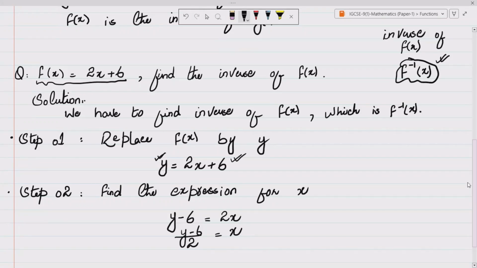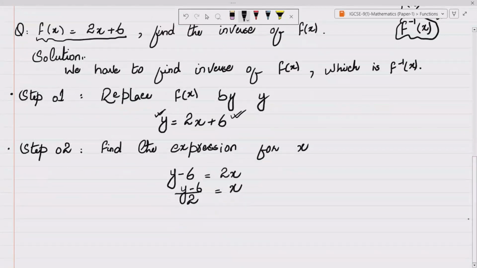So here you can find the value of x. This is step 2: x is on one side and all the other things are on the other side. It doesn't matter whether it's the left hand or the right hand, just make the variable x on one side and all the other things on the other side.